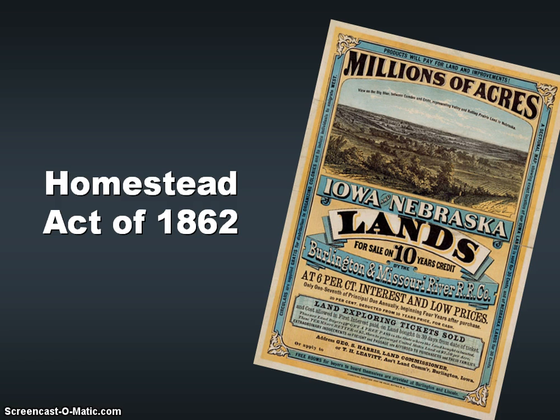Now, we talked about manifest destiny, and we talked about this idea that God had somehow granted Americans this unfettered right to take what lay to the west. The Homestead Act is going to just move into that territory. It's going to be a way to get people out into some of the other lands that are not as heavily settled or populated, places like Iowa and Nebraska.